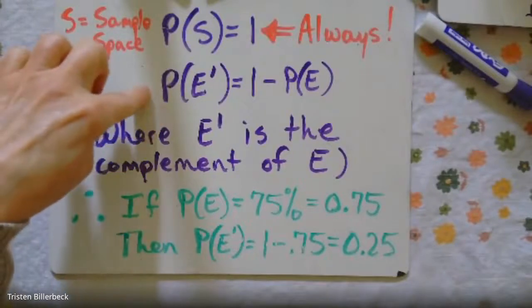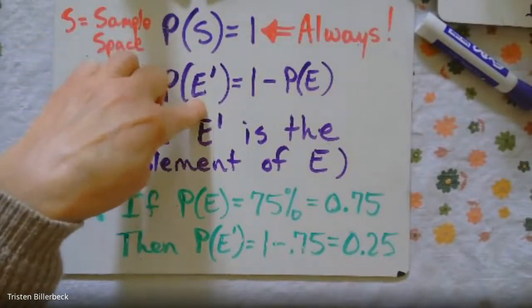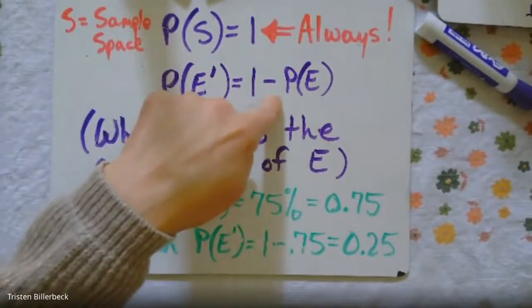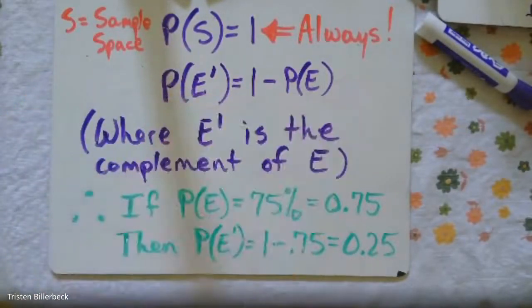So if we have the probability of a complement of an event, we would write 1 minus the probability of that event occurring.